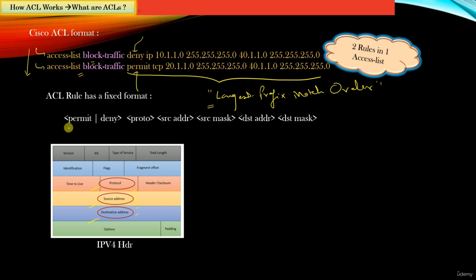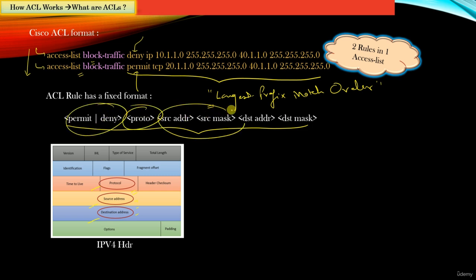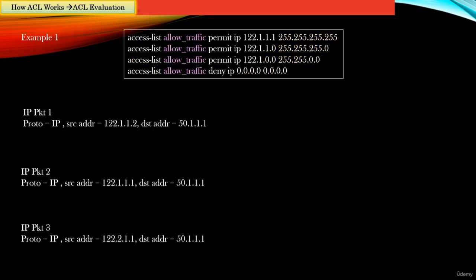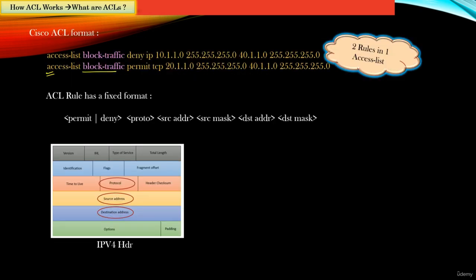And every ACL rule has a fixed format: permit or deny, followed by protocol, followed by source address and mask, followed by destination address and mask. The access list has a name, and an access list is a collection of ACL rules. In the next lecture video, I will show you how the parameters from the IP header of the packet are evaluated against the access list.